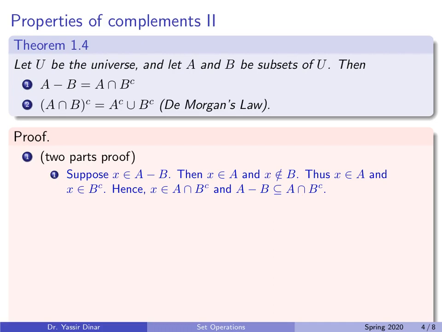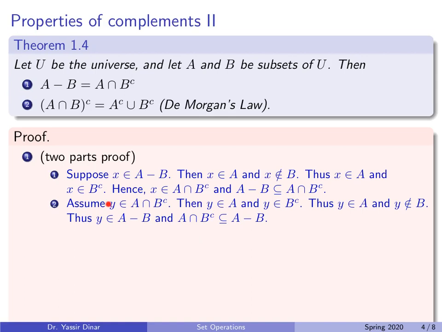The second part we wanted to prove is A intersection B complement is a subset of A difference B. So I will take an element in A intersection B complement and prove that it is in A difference B. So take an element Y, and this element is in A intersection B complement. Then Y belongs to A and Y belongs to B complement by definition of the intersection.